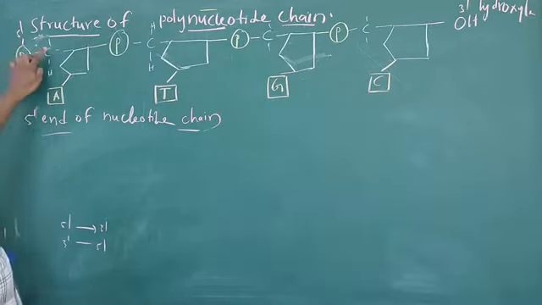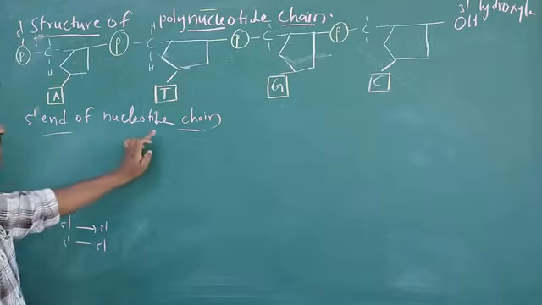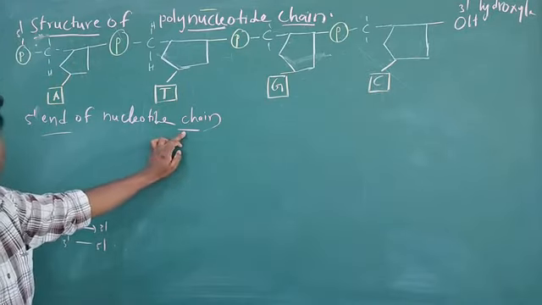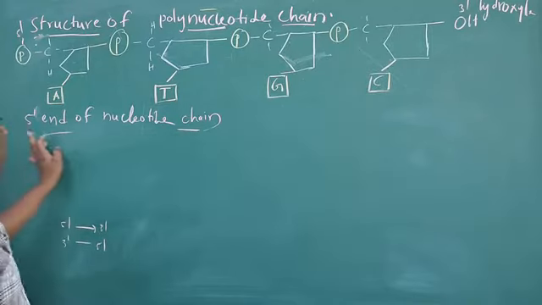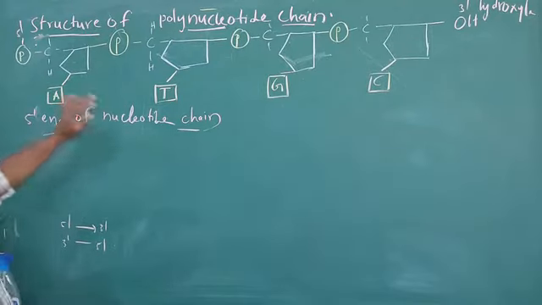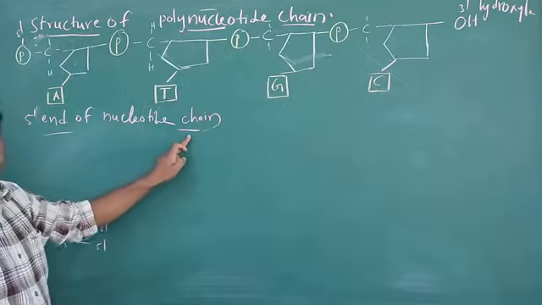A phosphate group at the 5' end of the ribose sugar, that is what we call the 5' end of the nucleotide chain. The definition is important: the 5' end of the nucleotide chain means the phosphate group is at the 5' end of the ribose sugar.